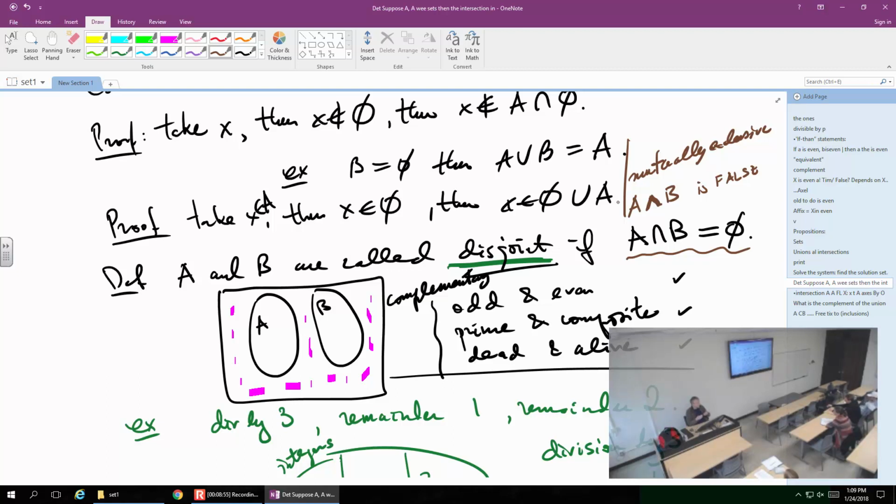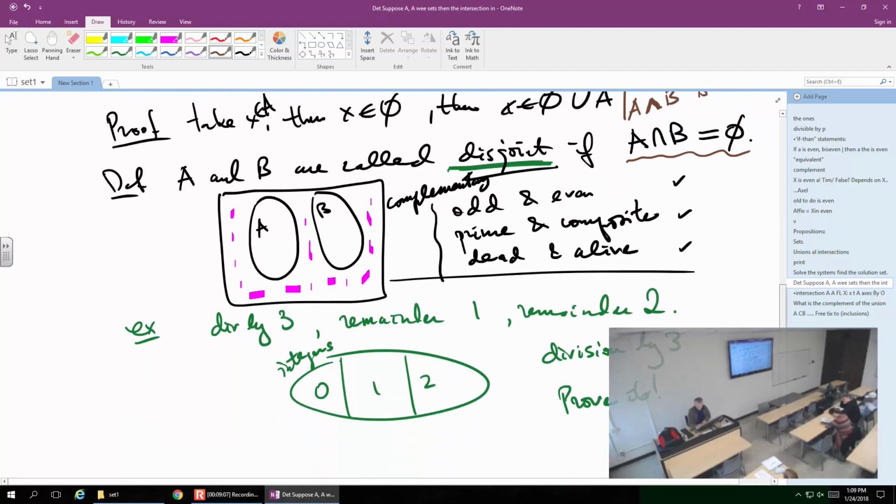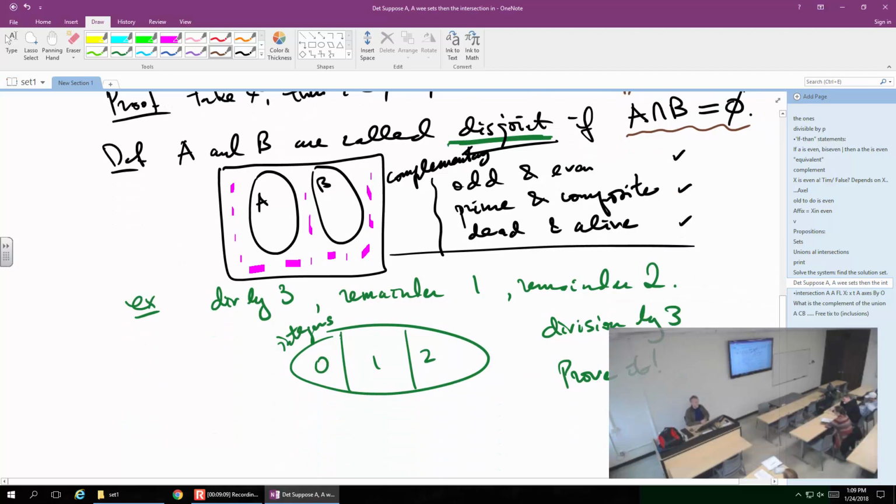Another way to say it is that the two statements, x is even and x is odd, are contradictory or mutually exclusive. And sometimes you have more than two statements that are mutually exclusive.